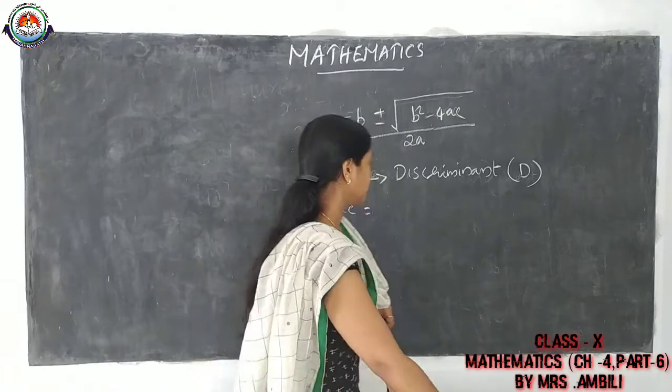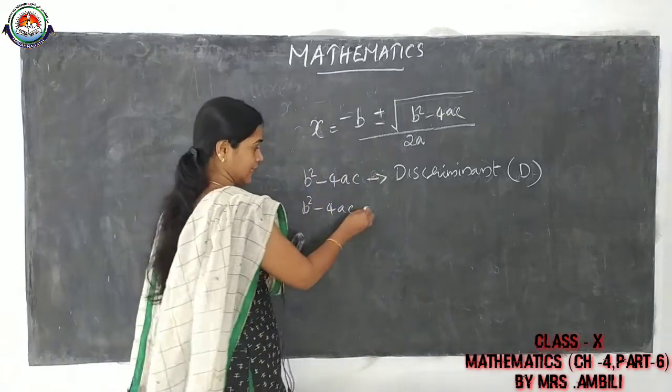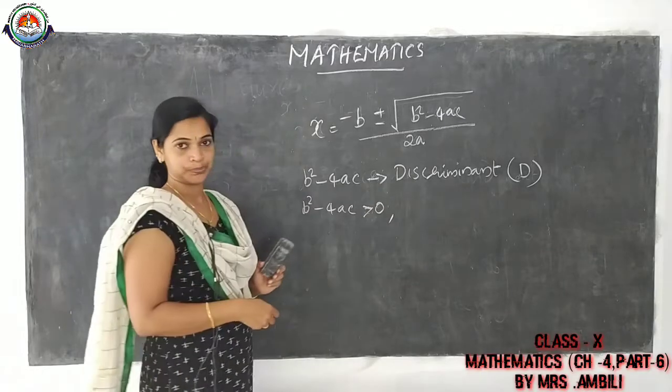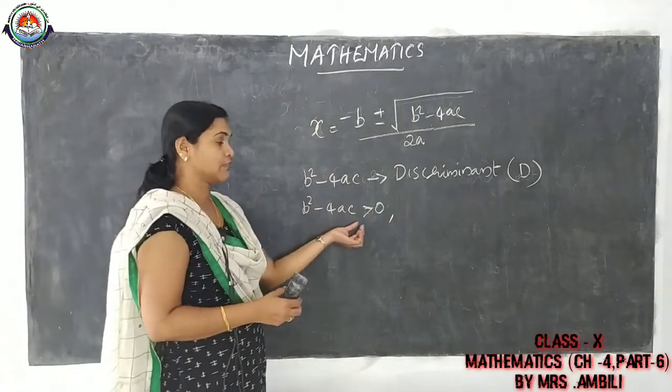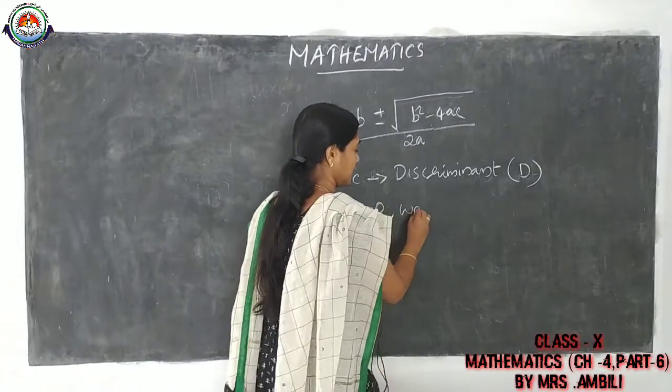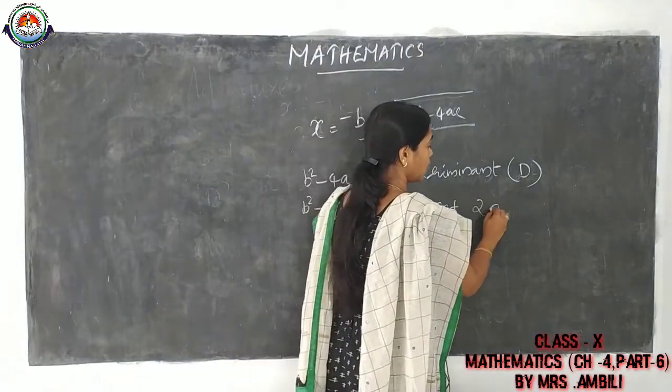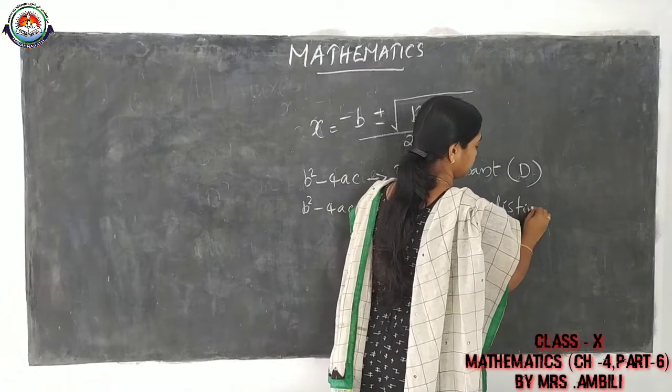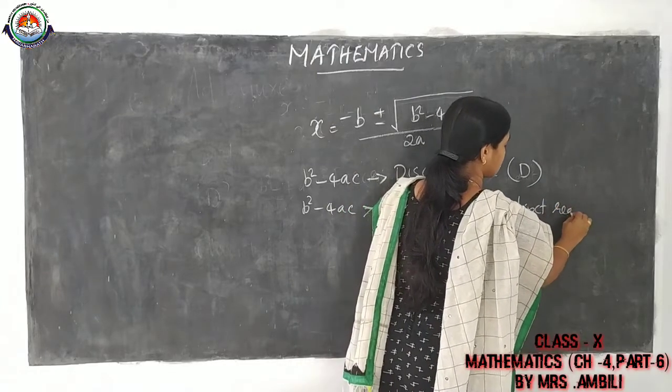If b square minus 4ac is greater than 0, we get two distinct real roots.